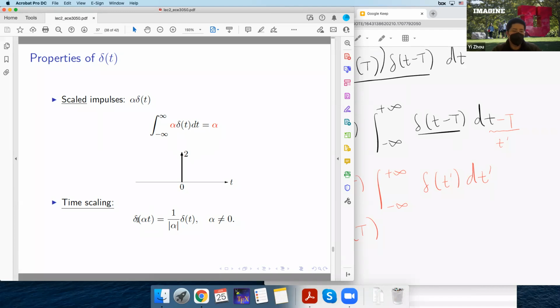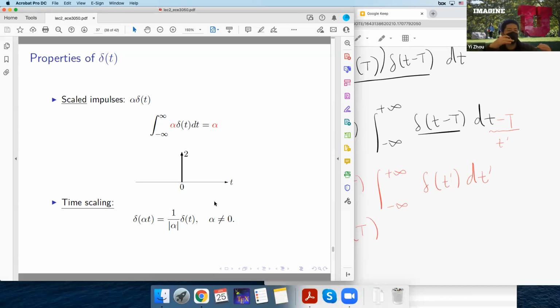And it turns out that it equals 1 over the absolute value of alpha multiplied by delta t. So in this special case, we can see that a time scaled impulse function is actually equal to an amplitude scaled impulse function. So this is a very interesting property.